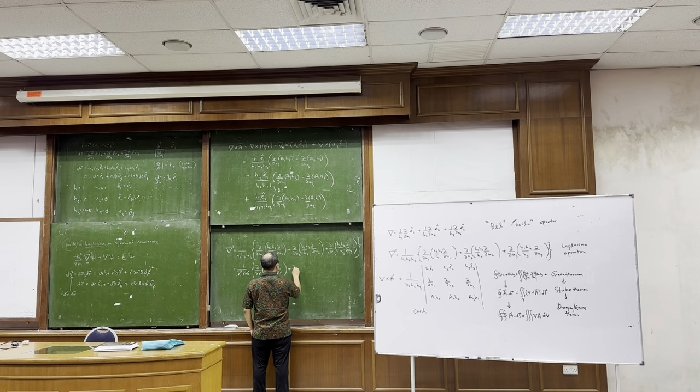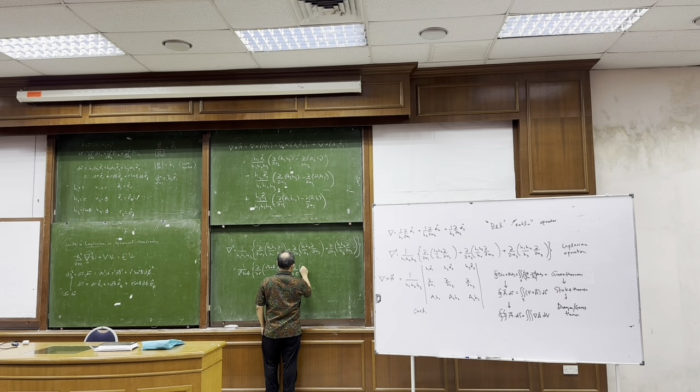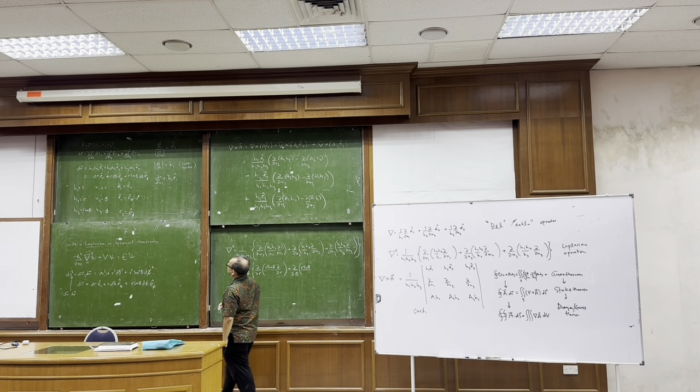And then plus u2, the θ, and then h1 h3 is 1 multiplied by h3, r sinθ, and then divide by h2, r.